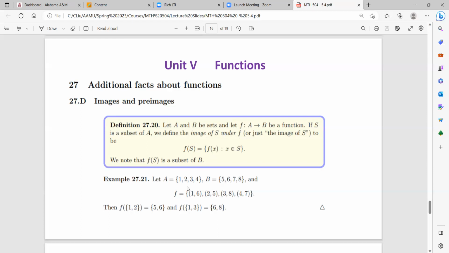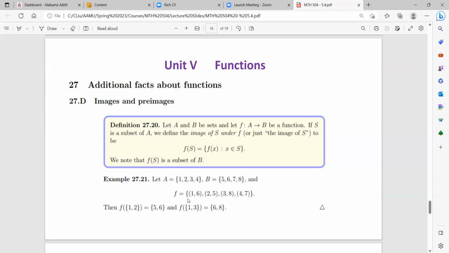All right. So let's look at one example. Suppose we have two sets A and B. Both have 4 numbers. A has numbers 1, 2, 3, 4, and B has 5, 6, 7, 8, and this function is defined from A to B. It has 4 pairs: 1 with 6, 2 with 5, 3 with 8, and 4 with 7.